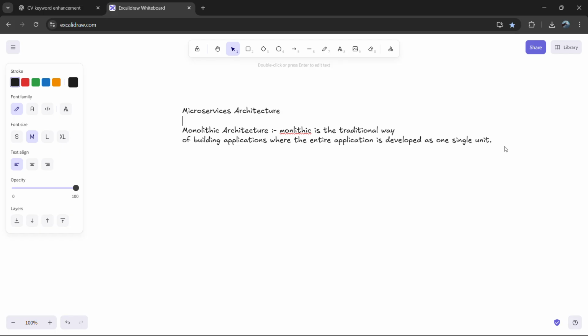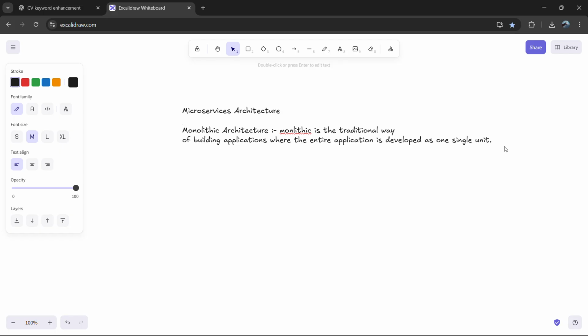In this style, all the features like login, product catalog, order management, and payment are built together in one big code base and connected to a common database. At first, this approach is simple and easy to develop, test, and deploy. Some applications work well as monolithic because everything is in one place.